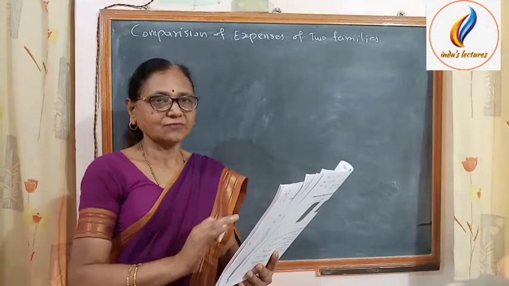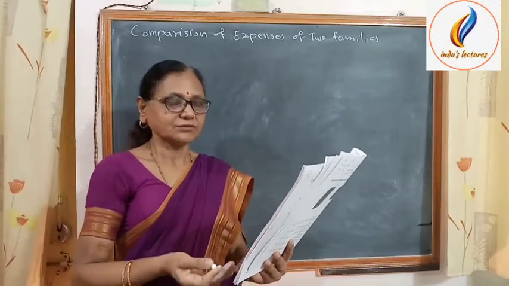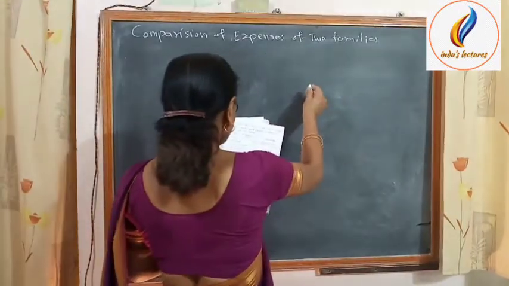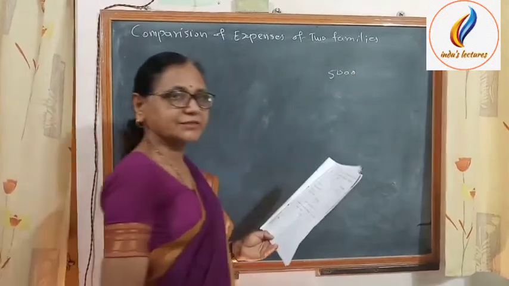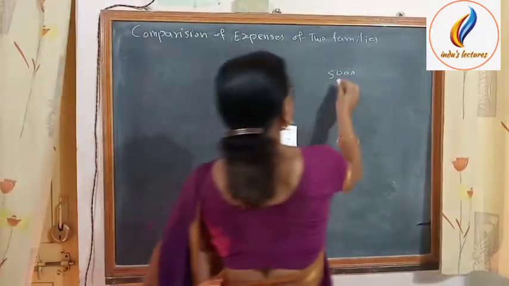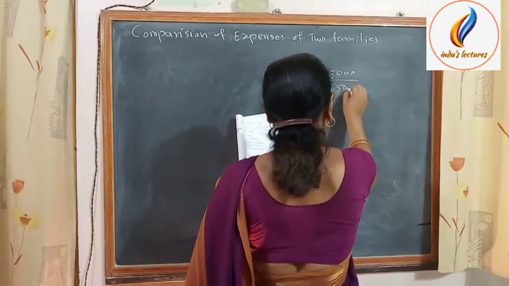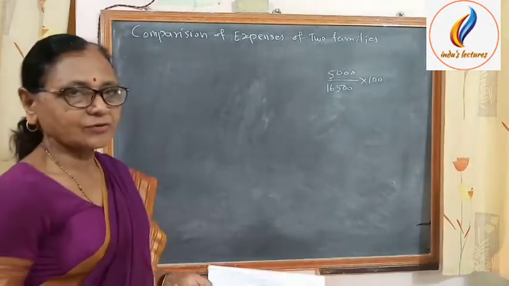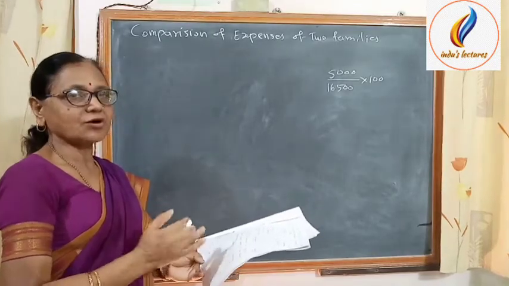So convert 5,000 into a percentage considering the total of 16,500. You can find the percentage as 5,000 divided by 16,500 and multiplied by 100. By using this type of formula, you can find all the percentages. That means we can convert the raw data into percentages.